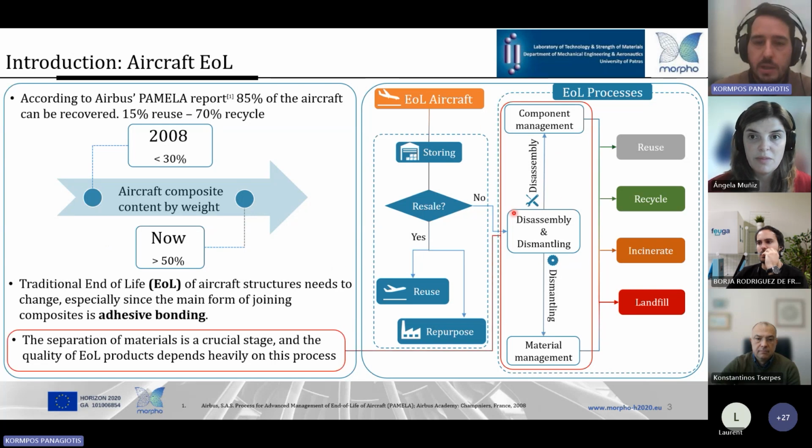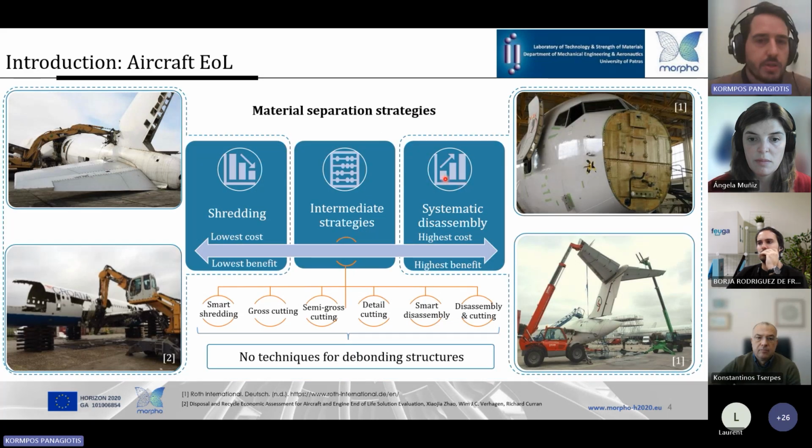As illustrated here in the end-of-life processes diagram of an aircraft, the separation of materials is a crucial stage, and the quality of end-of-life products heavily depends on this stage. Currently, industrial material separation strategies are chosen based on cost-benefit analysis, and the two extremes are systematic disassembly, which involves the precise separation of all connections, and shredding, where each section may contain several different materials.